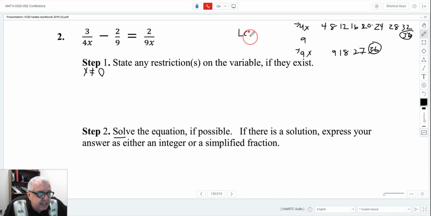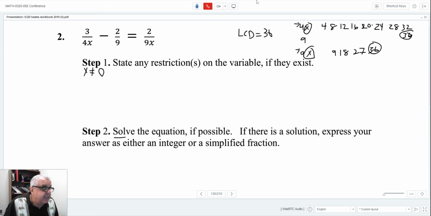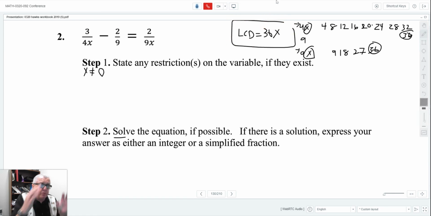The LCD is 36, but there's an x. You always use the highest power x as your LCD. If there was an x and an x squared, the LCD would have an x squared in it. So my LCD is 36x. That's what I'm going to multiply each term by.